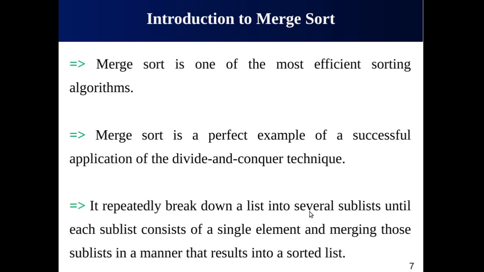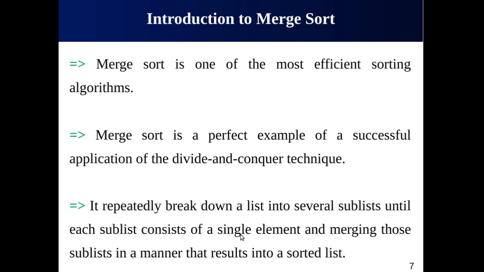We need a threshold, a condition where it should stop subdividing the list into subproblems. Actually, once the sublist contains a single element, it's an indication that it is time to stop dividing the problem into several subproblems.